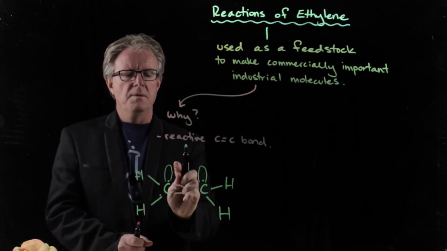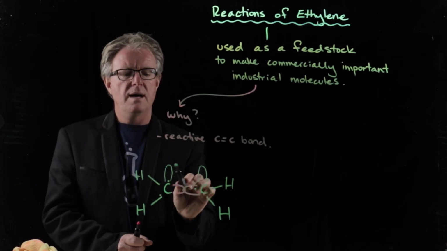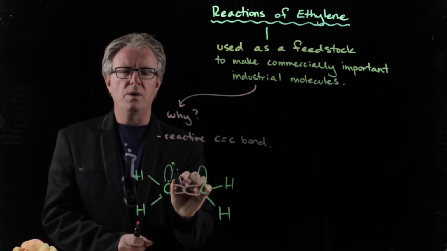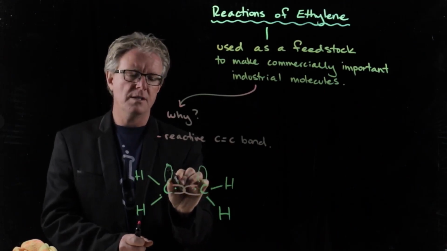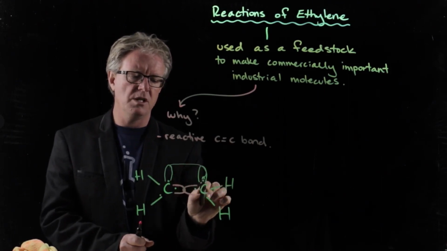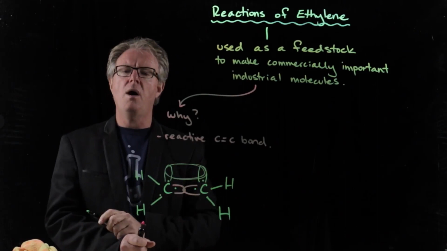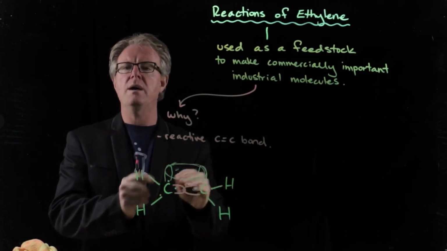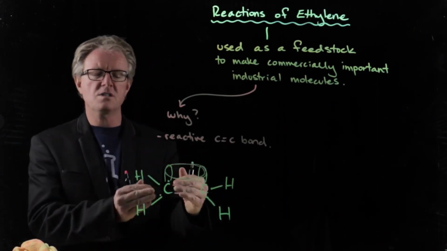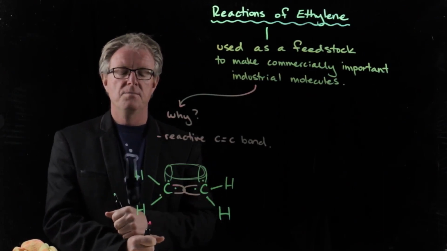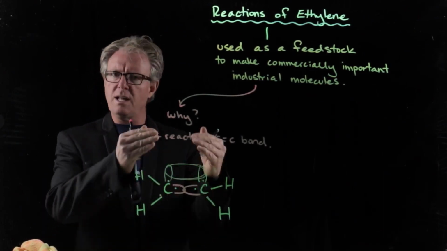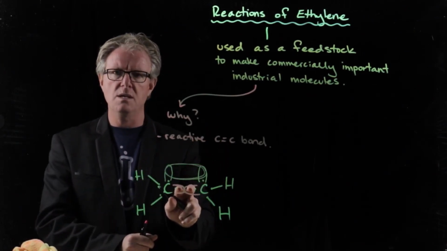These 2 here overlap in a different way, and it's called a pi bond. They share this top region here, and that's called a pi bond. It's a little bit further away from the carbons. Because it's further away, it's more reactive. It's not held as closely together as these 2 here.